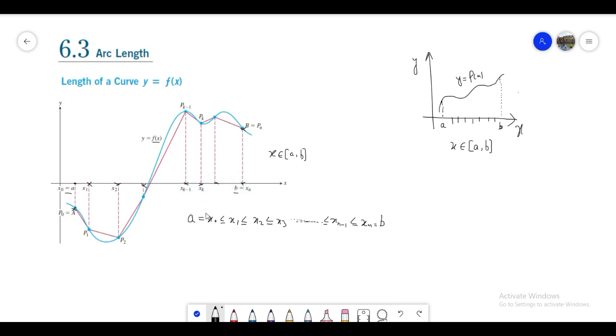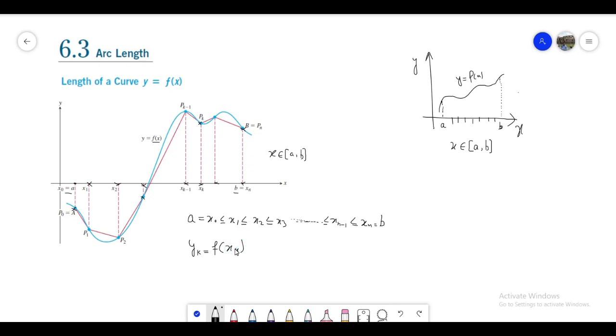Now, if the curve y is equal to f of x is evaluated at a single point, let's say at this point p of k, then yk is equal to the function evaluated at the point x of k.